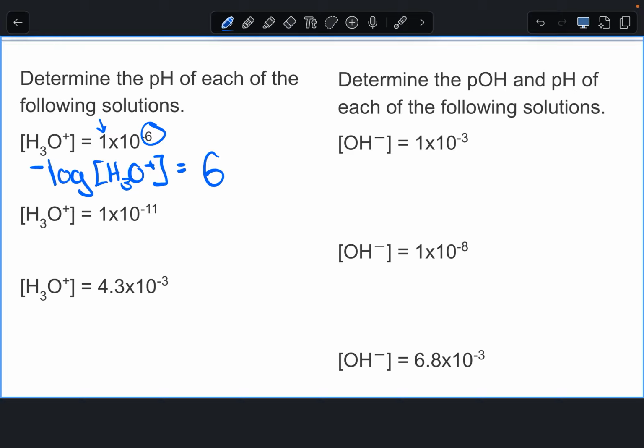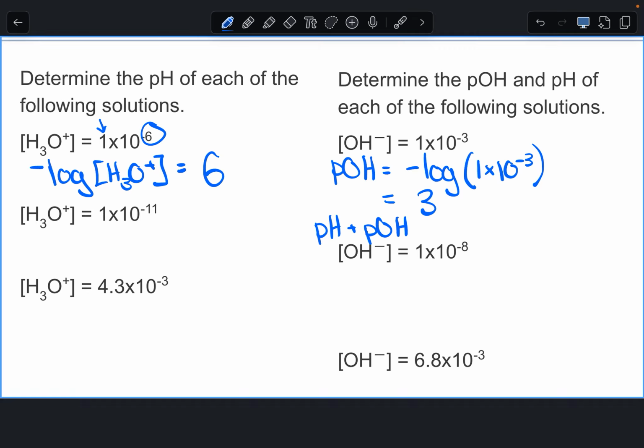And then for the OH minus one, over on the other side, it says determine the pOH and the pH. Okay? So pOH is negative log of 1 times 10 to the negative 3rd, or 3. And we know pH plus pOH equals 14.